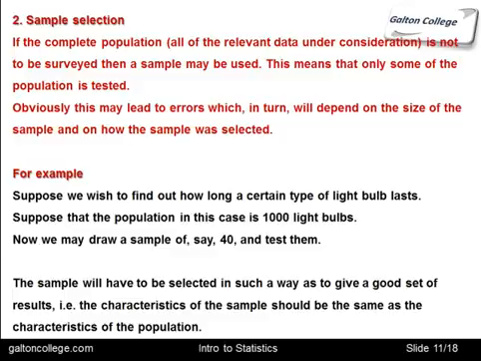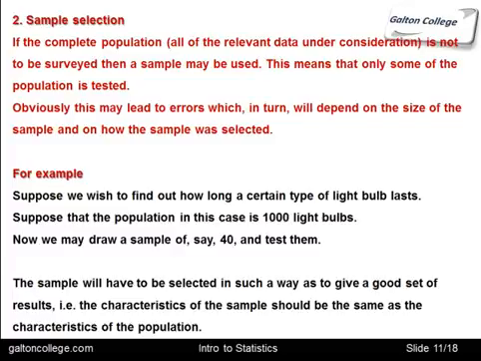Second, how do we collect data? We would have to collect a sample from the population. The population is whatever it is we're looking at. If we're looking at consumer expenditure, our population would be consumers. So the people who are not consumers are not part of our population.